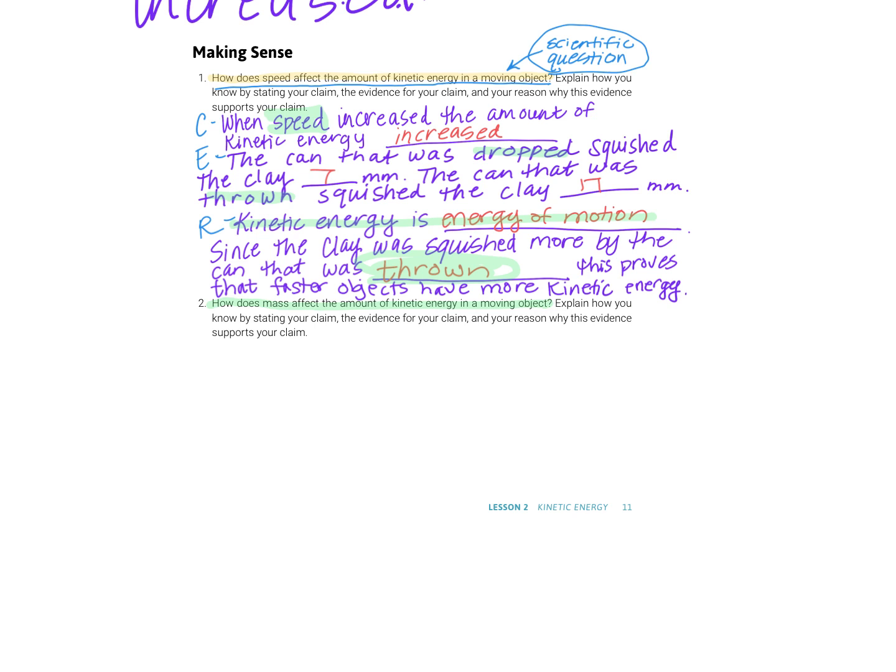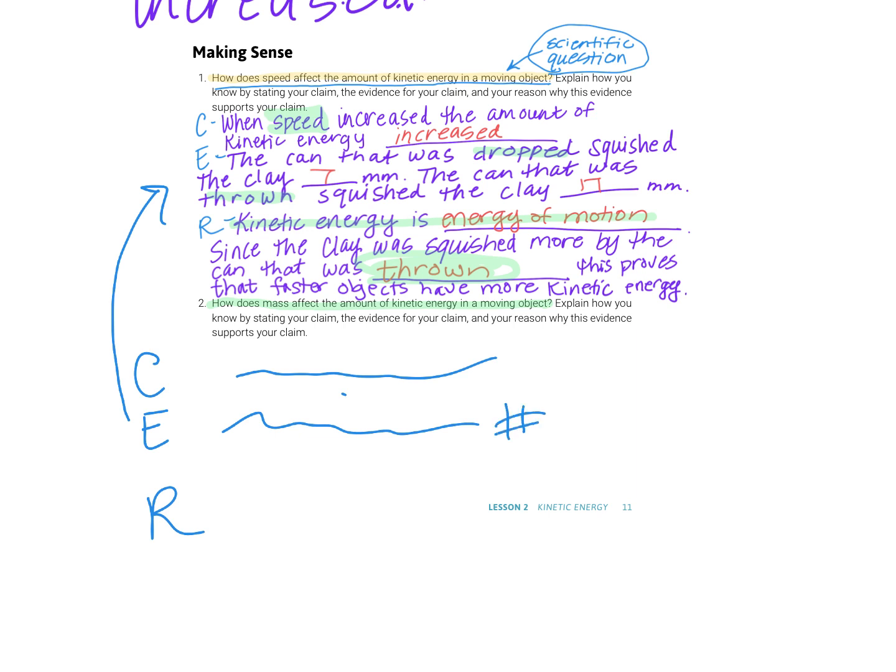So off to the side, you're going to want to write a C, maybe something smaller like this, okay, a C, an E, and an R. And like I said, you are going to use this one up here as your model and write your claim, which is the answer to the question, your evidence, which is your data or the numbers, and your reasoning, which is talking a little bit about kinetic energy and how you know which can had more kinetic energy.